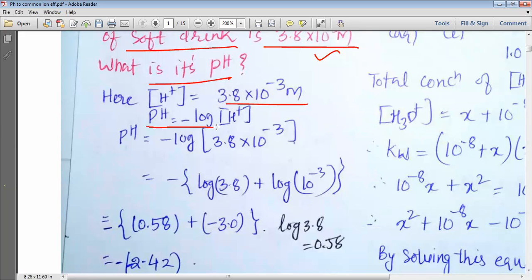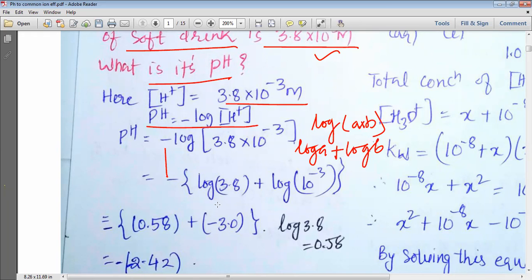We have the formula that pH is equal to minus log of H+. So pH is equal to minus log of 3.8 into 10 to the power minus 3. My dear students, if you have log of A into B, you simply write it as log of A plus log of B. So you have written it here, minus is outside the bracket, log of 3.8 plus log of 10 to the power minus 3.